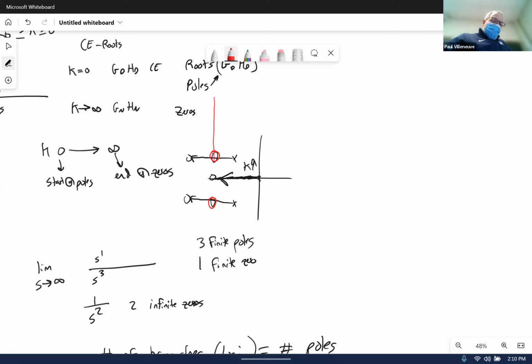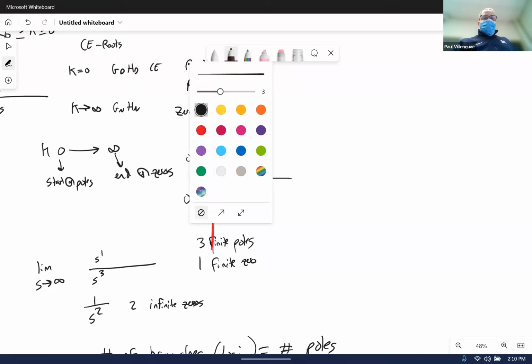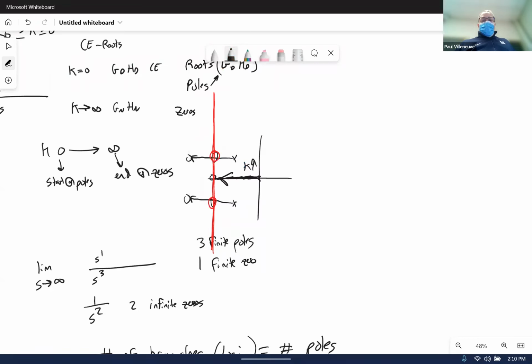So this could be a bounding condition. And we would have to say that our value of K can't exceed that value. So we can use our root locus to come up with a bunch of plots to figure out what those values of K need to be, similarly to what we did with our Routh-Hurwitz approach to solving for ranges of K that resulted in a stable system. So that ultimately is what root locus is going to do for us. Questions on that?